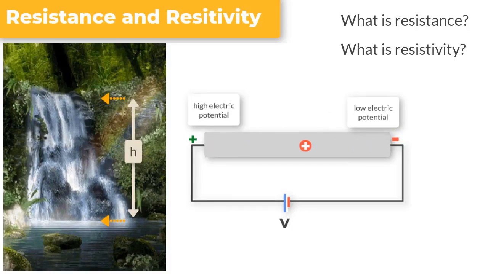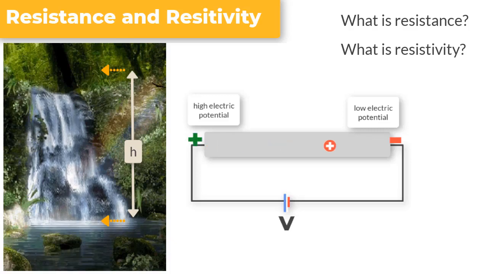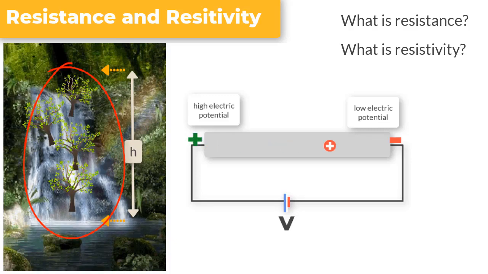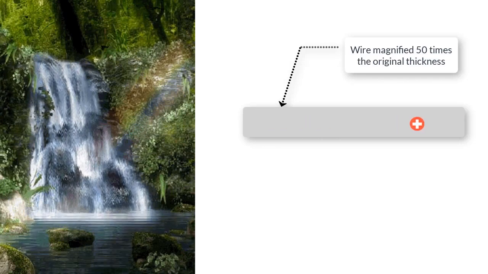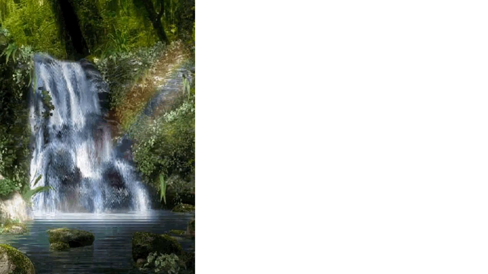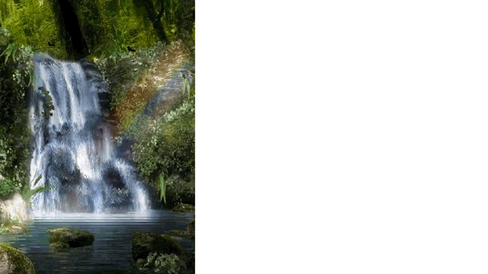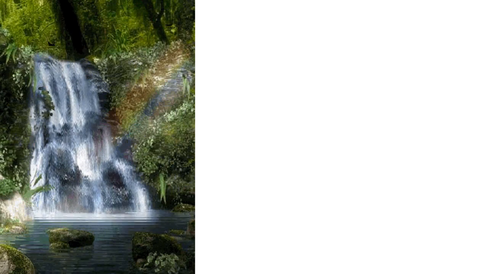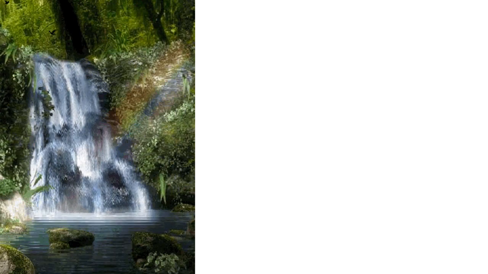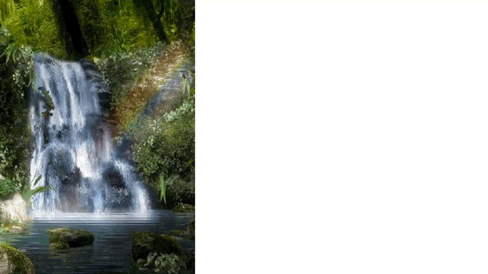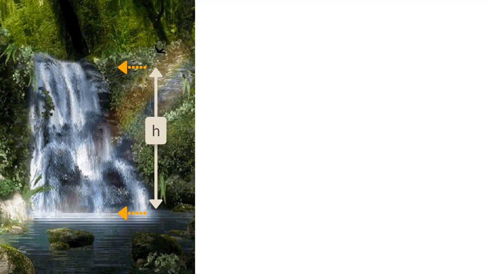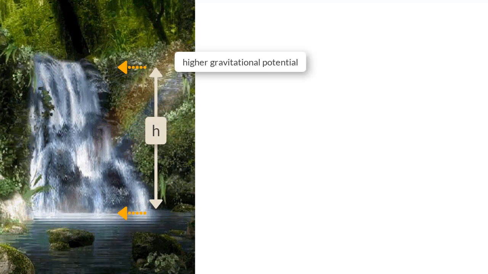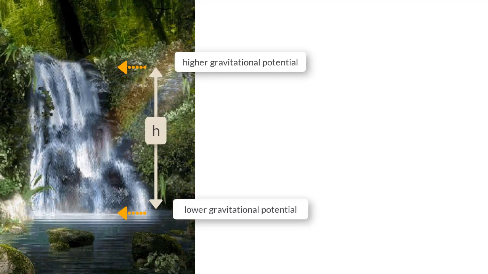Well, to make it easier for us to understand this topic, we could draw an interesting comparison of flow of electricity with that of water flowing down a hill. So let us see how the flow of river changes as the conditions on the hill change. So here you have smooth flow of river from a higher elevation to lower elevation, or from a place of higher gravitational potential to that of lower gravitational potential.